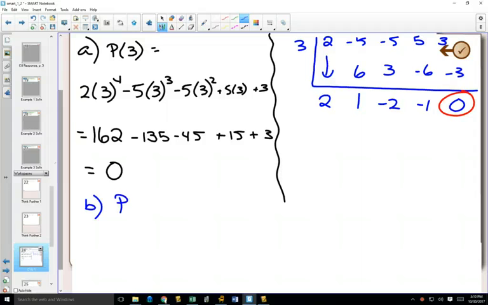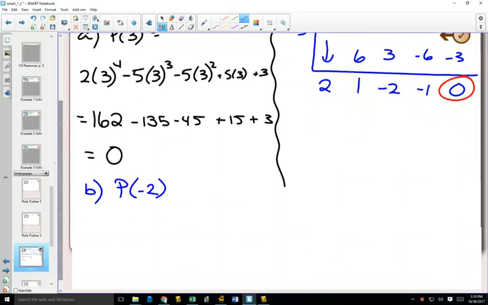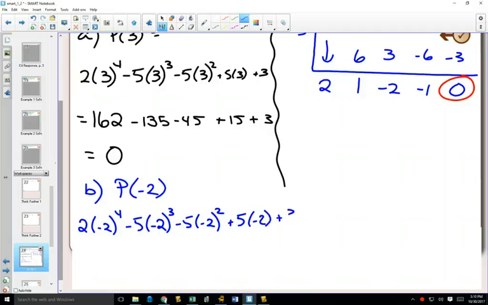Part B, we're going to find p of negative 2. So you would have 2 times a negative 2 to the power 4 minus 5 times a negative 2 cubed minus 5 times a negative 2 squared plus 5 times the negative 2 plus 3. Negative 2 to the 4 is 16. 16 times 2 is 32.